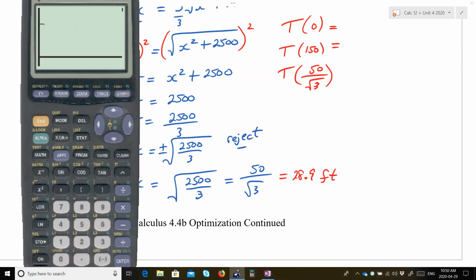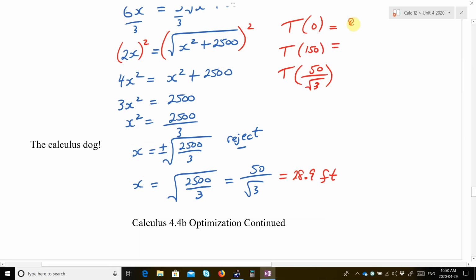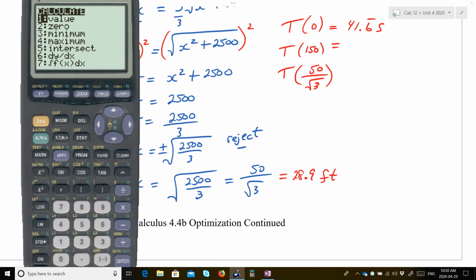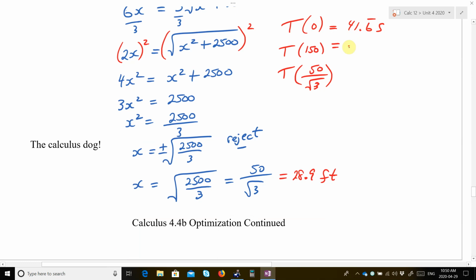Our time is going to be in seconds because they gave us speeds in feet per second, and distances in feet, so we're going to end up getting seconds for the time. Okay, so what is the time if x equals 0? We get 41.6 repeating seconds. Time for x equals 150, 52.7 seconds.